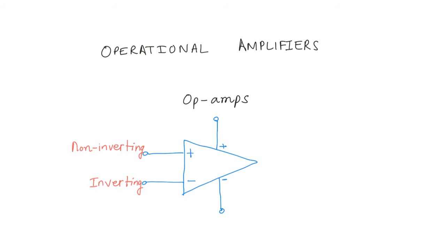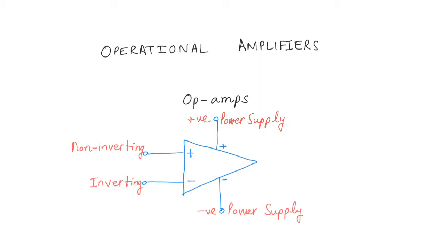So these pins are the power supply pins. The power supply pins are the places where the op amp actually gets the power from to do whatever it's doing. So this is the negative power supply and this is the positive power supply.